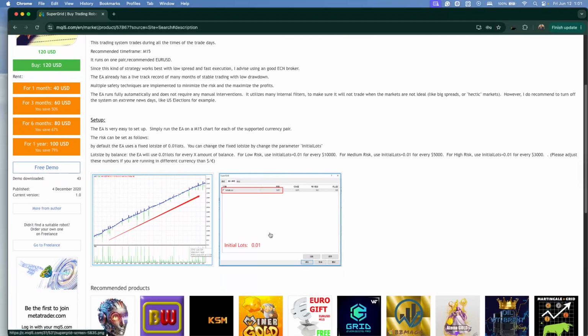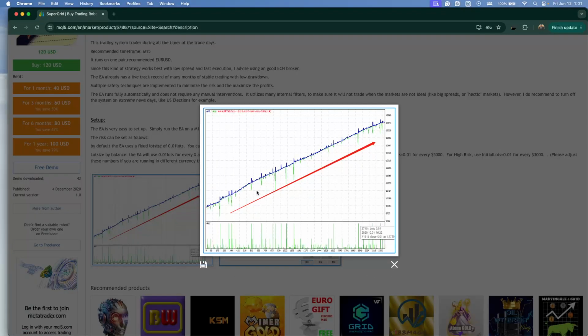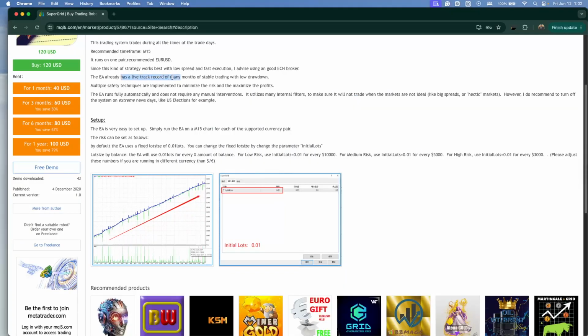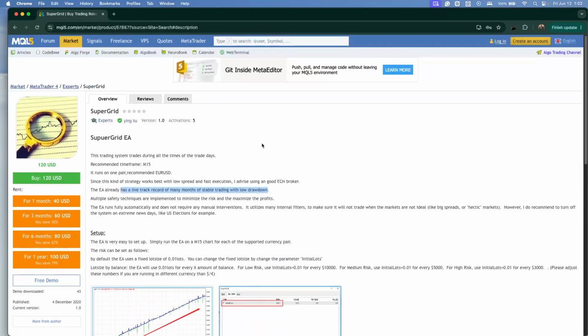And they do not have any backtest numbers which we can use to gauge how it works, but all we have is this equity and balance curve, probably from a backtest, and we have this straight line upward showing that it works and it is profitable. They also claim that it has a live track record of many months of stable trading with low drawdown, but we do not see any of that here.